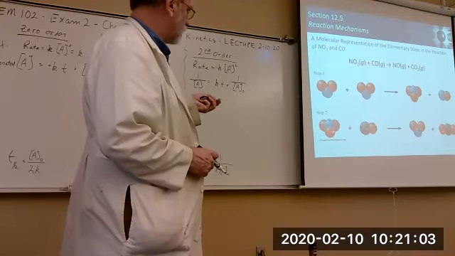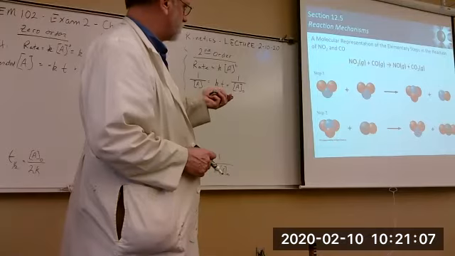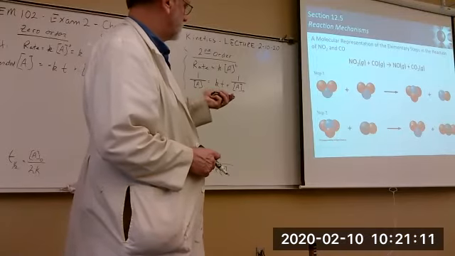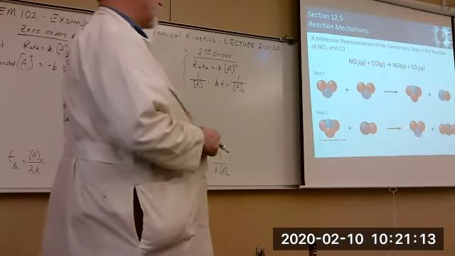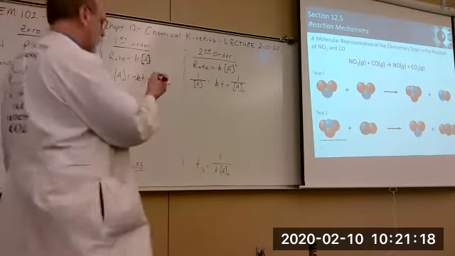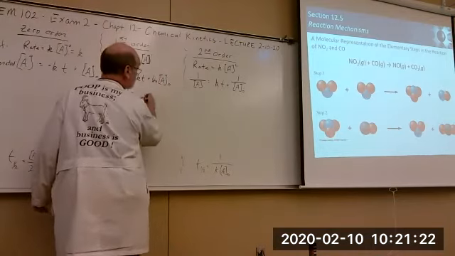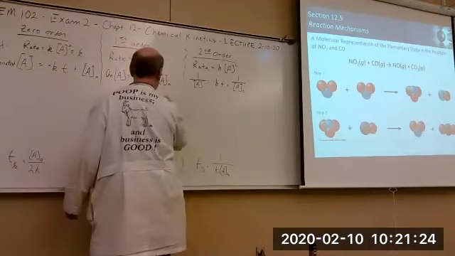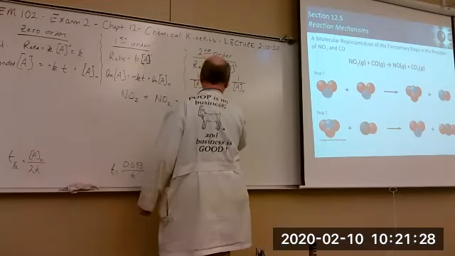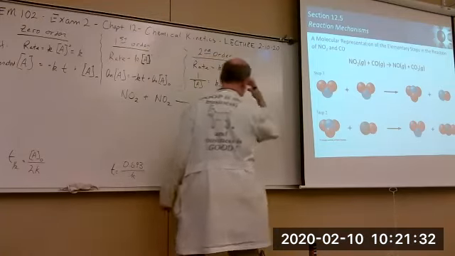And now we have regenerated nitrogen dioxide. Okay, so how do we know the overall reaction for this one? Well, if we write it out as this plus this yields this plus this as our first step.